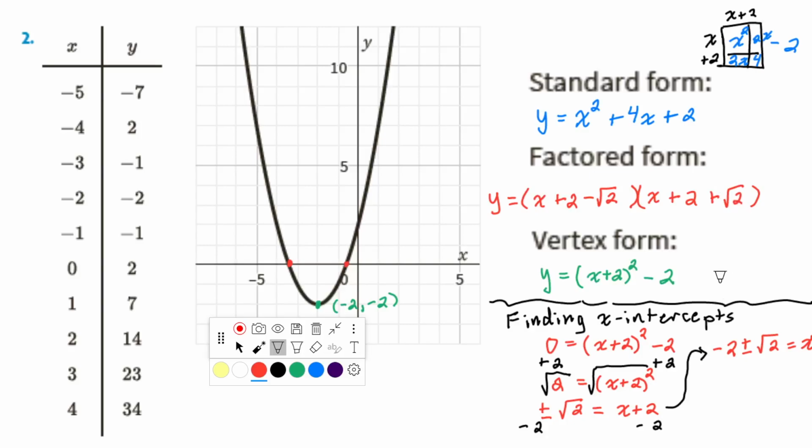I know this looks quite different from how we're used to seeing factored form, but this gives us the exact factored form, as exact as we can make it, because we cannot find the square root of 2 and come up with an exact answer. That's why we leave the expressions 2 minus square root of 2 and 2 plus square root of 2. Those two terms combined actually represent one value. And this concludes writing the equations of a quadratic in 3 forms.